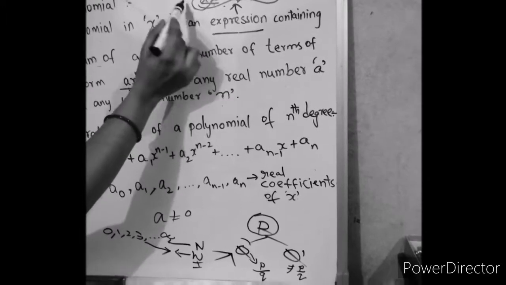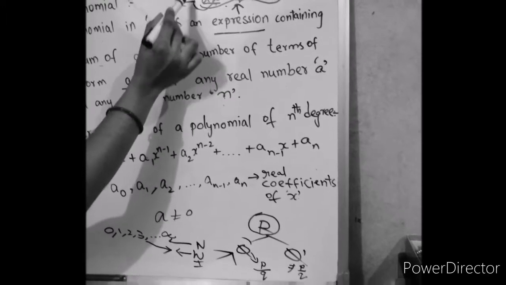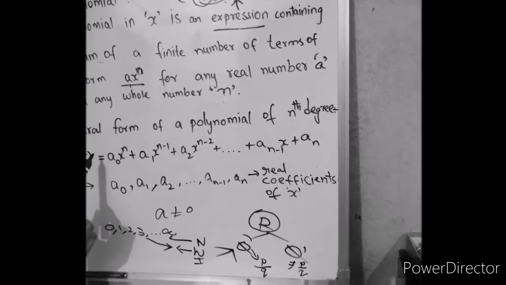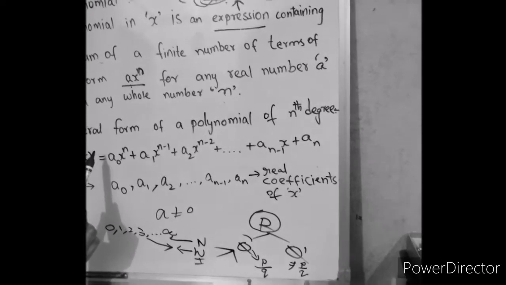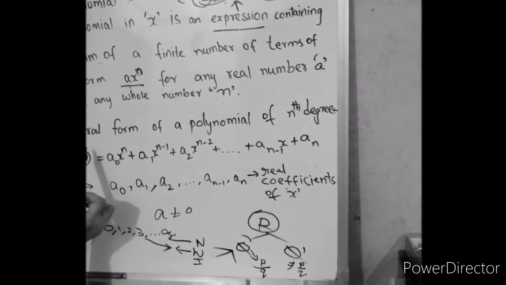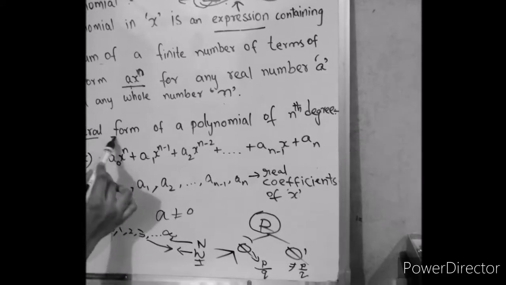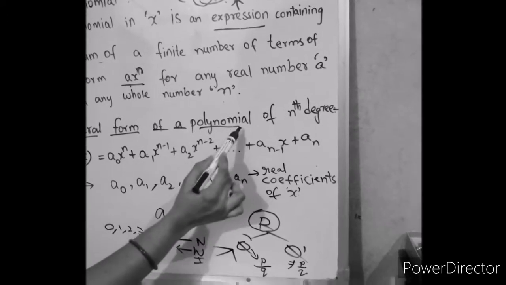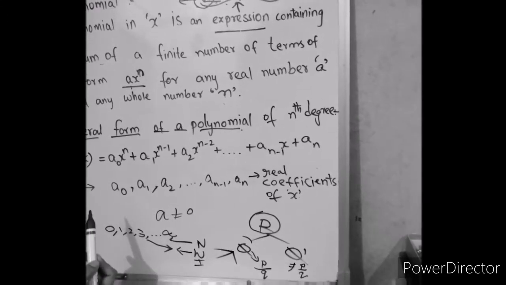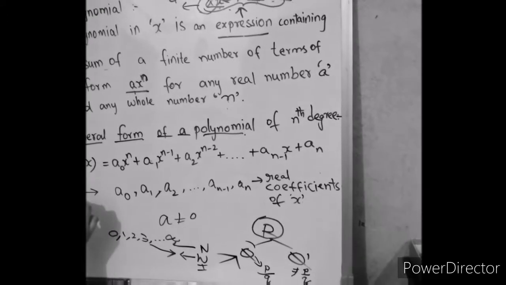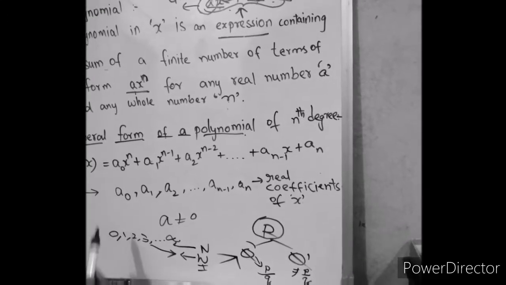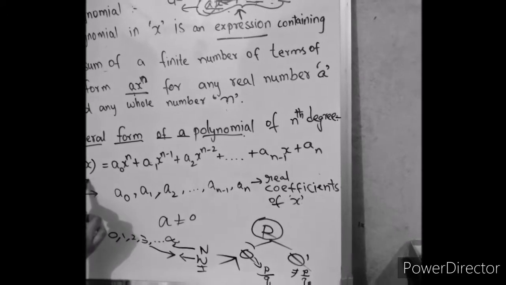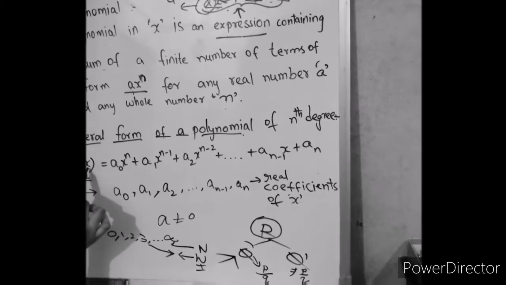This expression I have taken in general, but when coming to different types of polynomials, I am going to take a general form of a polynomial. That means whatever polynomial you have, you can compare it with this formula. One more thing you need to understand is what p of x is.